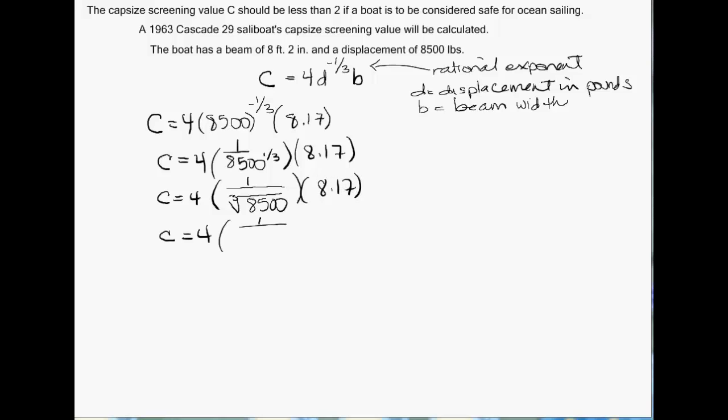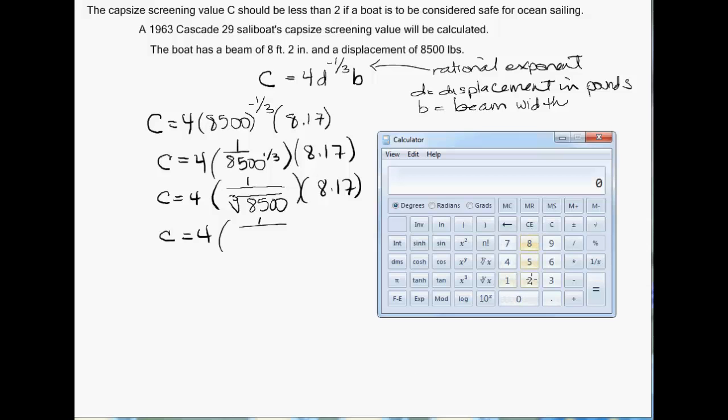What is the cube root of 8,500? For this, I'm actually going to use a calculator. We can see that the cube root of 8,500 is 20.408.